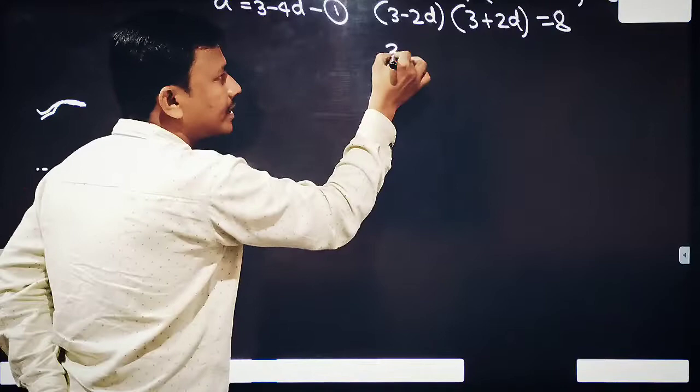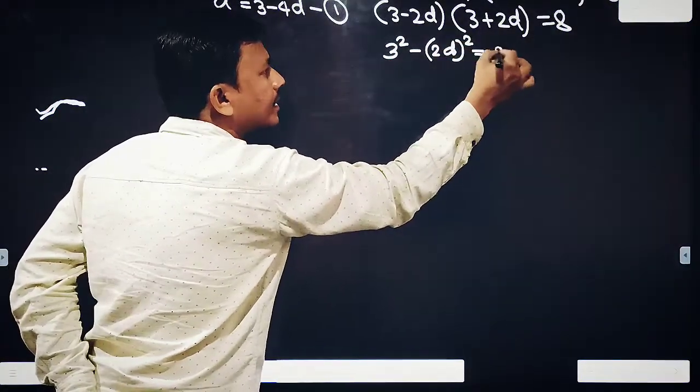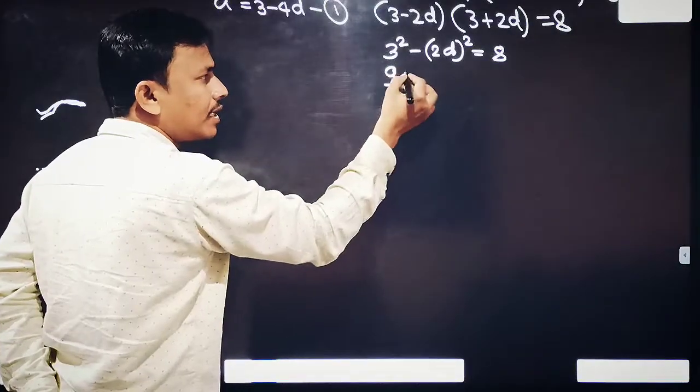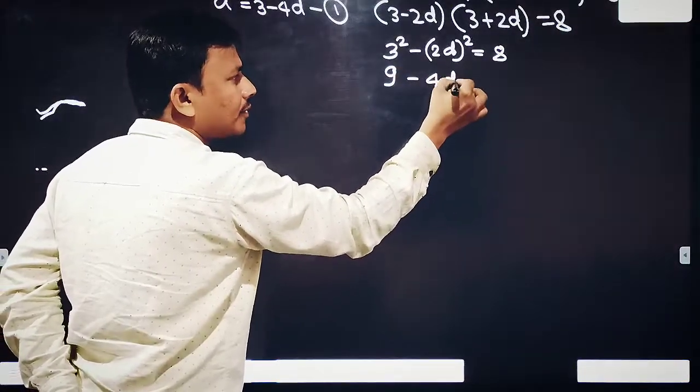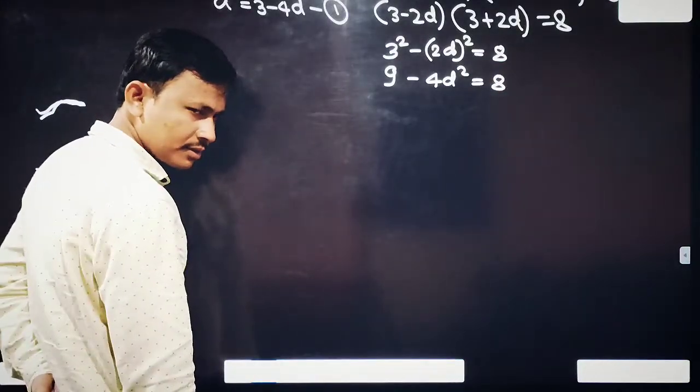That is 3 square minus 2D whole square, 3 threes are 9, 2 twos are 4D square, is equal to 8. Understood?